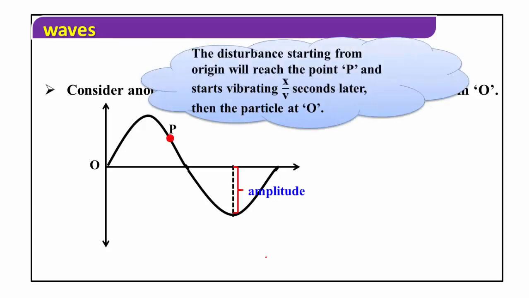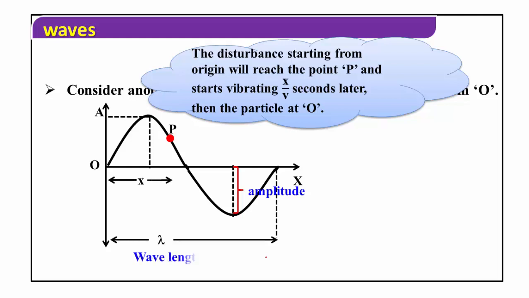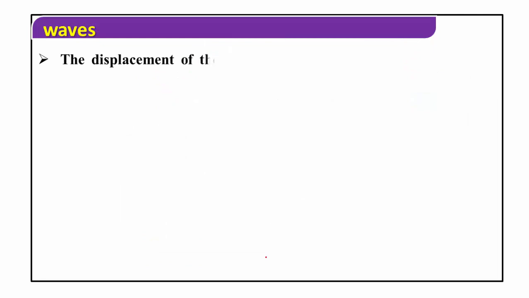The disturbance starting from the origin will reach the point P and start vibrating x divided by v seconds later than the particle at O. Therefore, lambda is the wavelength.